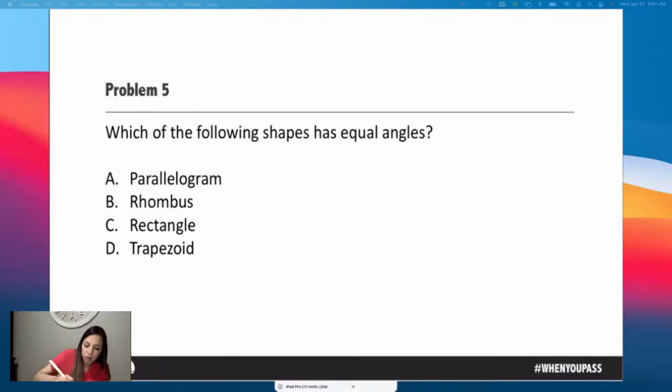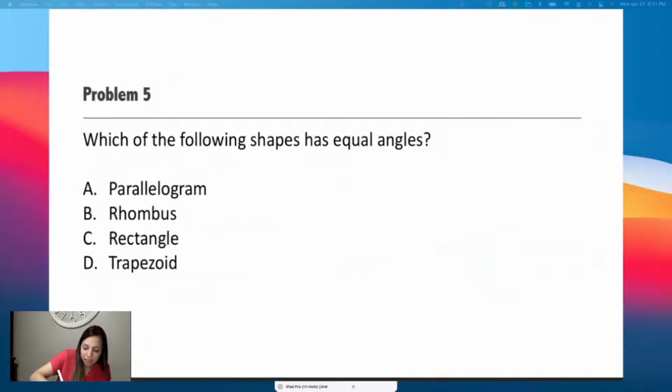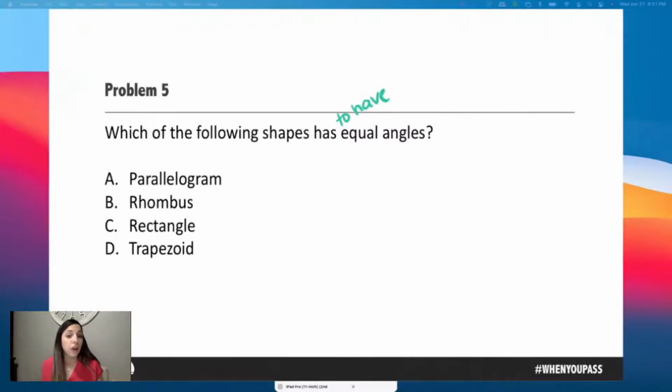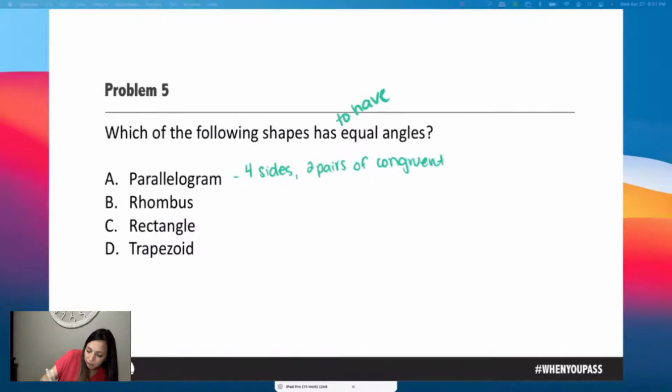So equal angles. In fact, this should say has to have equal angles, because a parallelogram could have equal angles, but it doesn't have to. A parallelogram, by definition, has 4 sides and 2 pairs of congruent parallel sides.